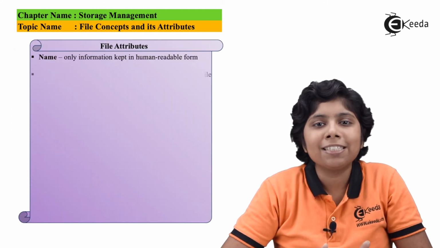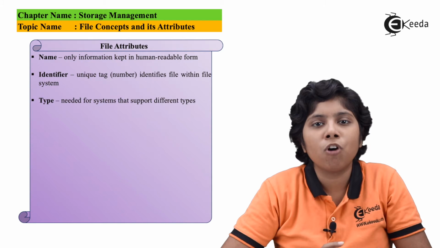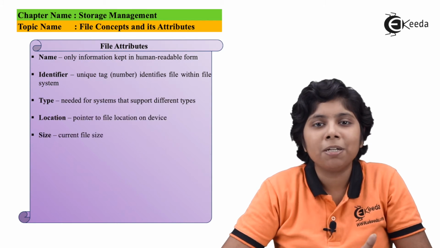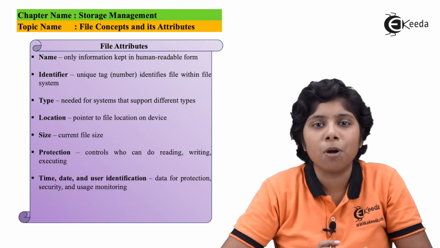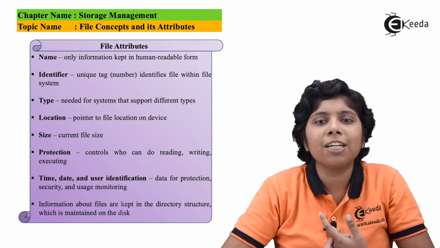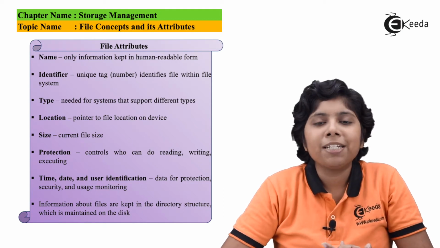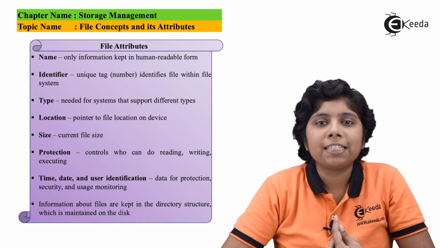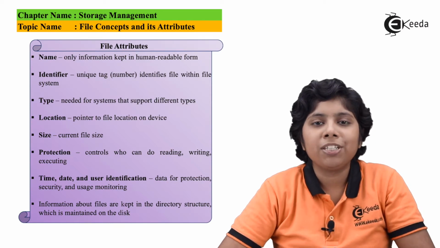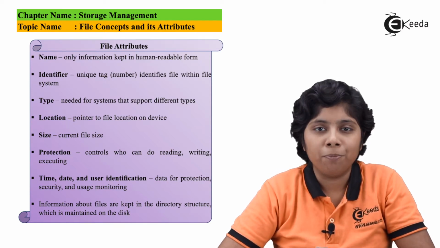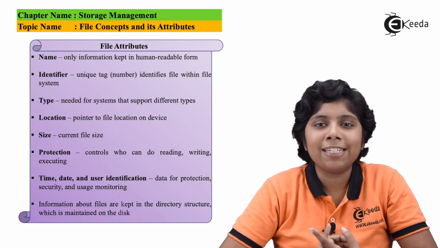File attributes vary from one operating system to another, but they can be generalized into some properties. The first one is the name. The file name is a symbolic name, the only information kept in human-readable form. The next one is the file tag.